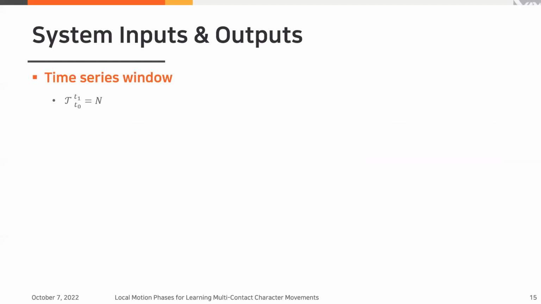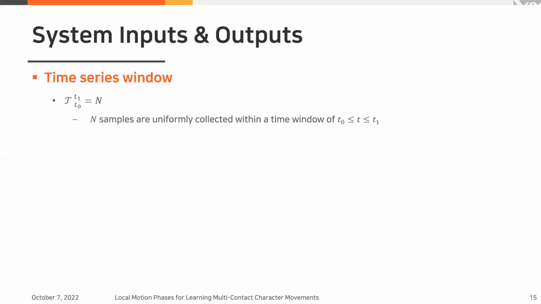As the input and output exist in the time series window, I would like to explain the concept of the time series window, which is represented like this notation. And if the window is notated like this, it means that the n samples are uniformly collected within a time of t0 to t1.